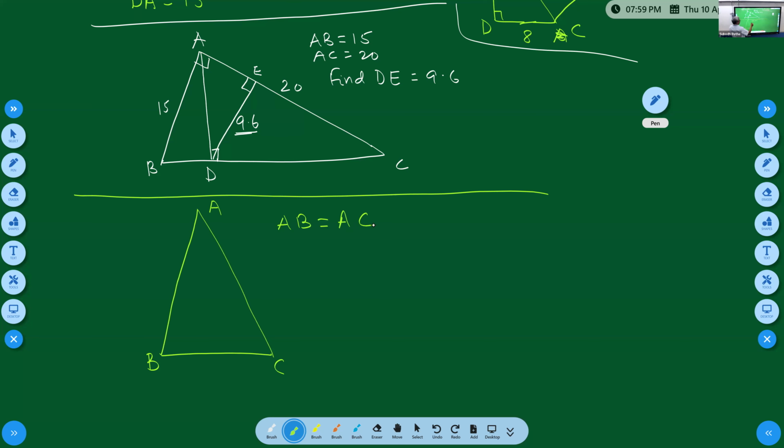P is any point on BC. PM and PN are perpendiculars.